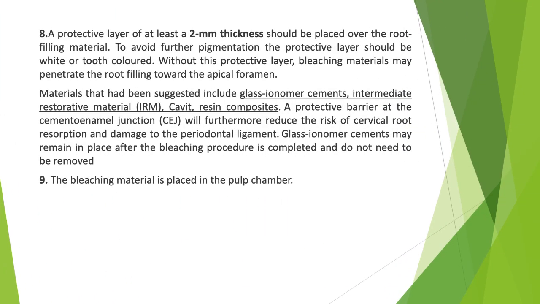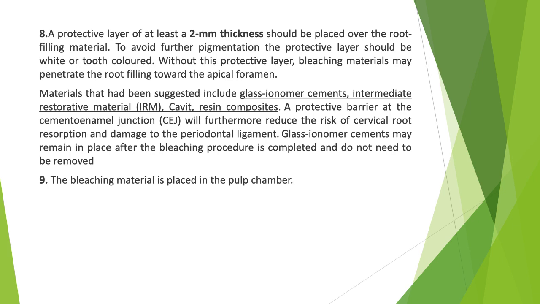The root filling material, gutta percha and the sealer, does not provide a seal against the penetration of the bleaching material to the root canal. Therefore, we should apply a restorative material like IRM, Cavit, or composite, or glass ionomer to about the level of the cemento enamel junction.